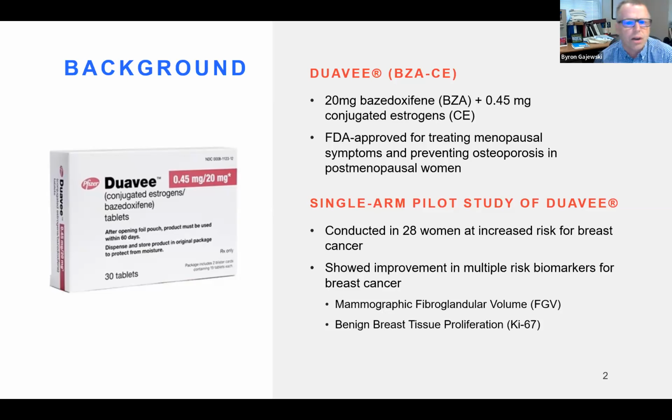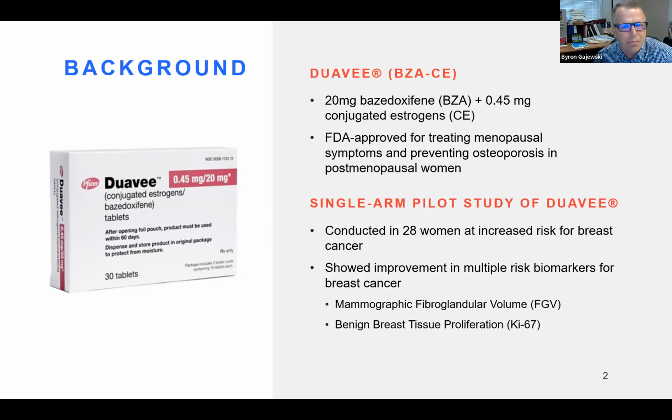A group here is interested in breast cancer prevention, led by Dr. Carol Fabian. And we did a pilot study in which we had 28 women who were at increased risk for breast cancer. And we showed an improvement in biomarkers, fibroglandular volume, FGV, and benign breast tissue proliferation, Ki-67.